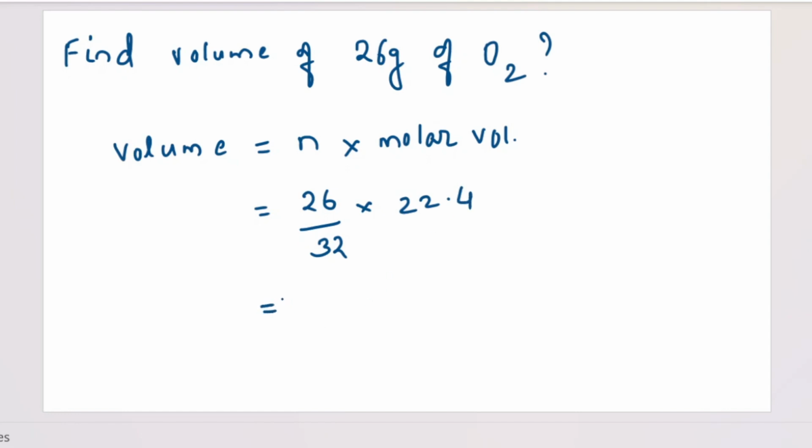So the answer will be somewhat closer to 1, 3, 6. Okay, using calculator, it comes out to be 18.1 liters. Okay, so this is the answer.